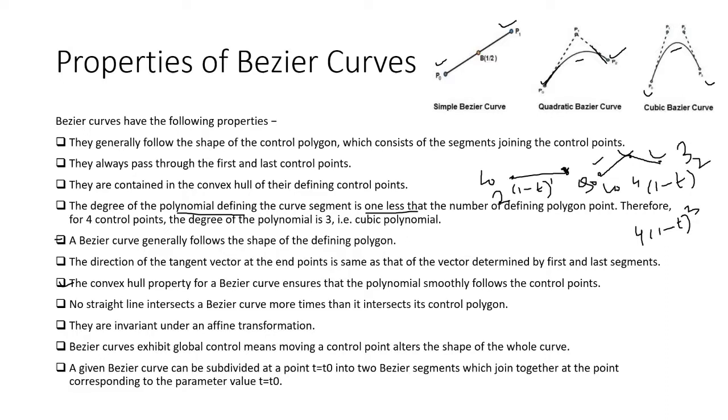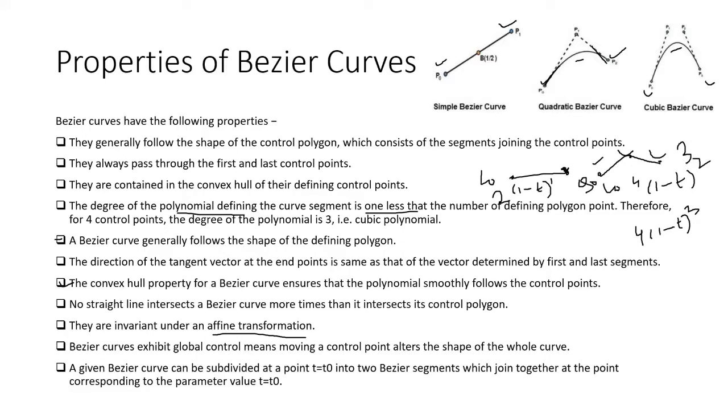They are invariant under an affine transformation. Obviously, if the curvature is changing, that means the shape of the particular object is getting changed. So that is the basic concept behind the affine transformation. So affine transformation is not in any way going to affect the transformation of using a Bezier curve.